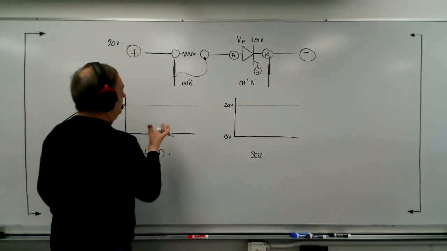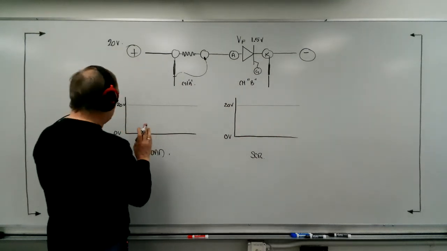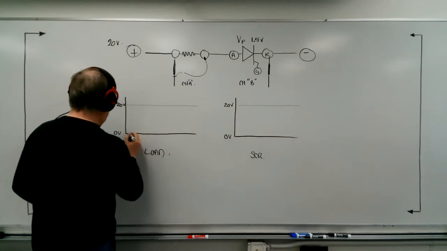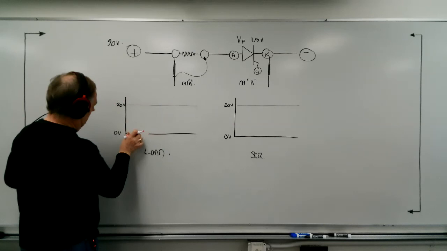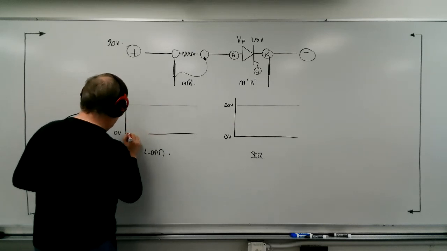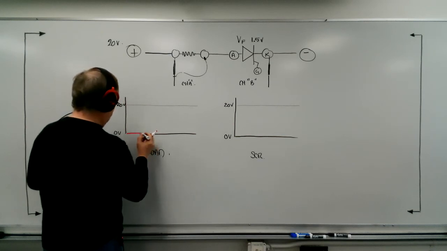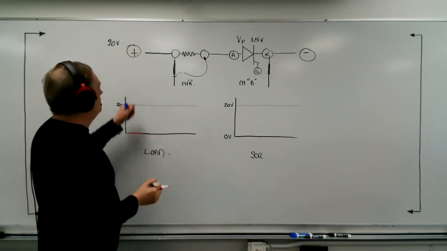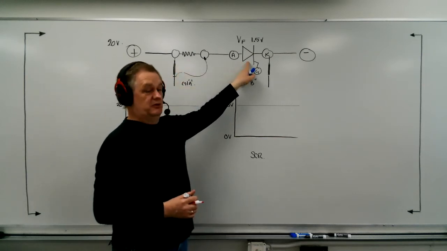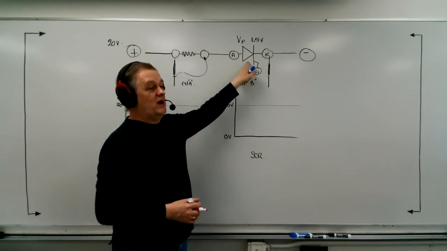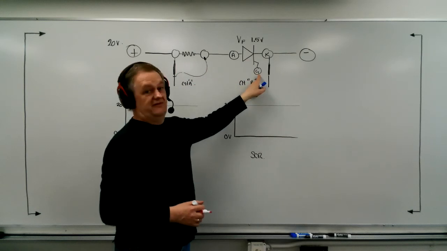Now, if I apply power to this circuit, what's going to happen is, to begin with, the load will actually have 0 volts. So I'm going to show it like this. Now, why does the load have 0 volts to begin with? The reason is that as soon as I supply voltage to this circuit, this is an open switch. And remember, from your two transistor analogy, there's no way that one transistor can turn the other transistor on until we receive a gate pulse.